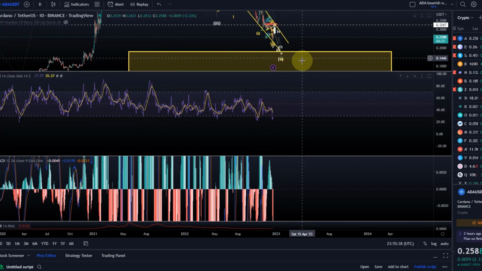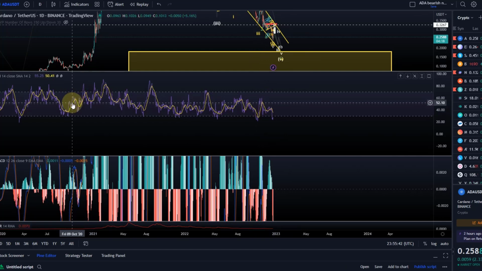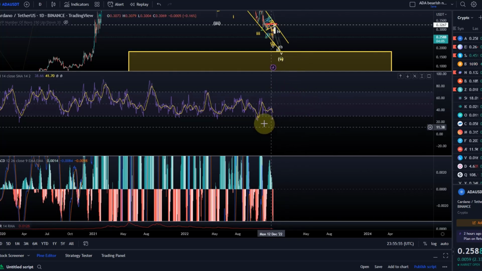So as soon as we see some upside and we are doing something like what we did in October 20, getting back into the upper half of the RSI, that is where we want to be for some bullish movement. As long as we're hovering here between 30 and 50, this is still in bear mode, very clearly.